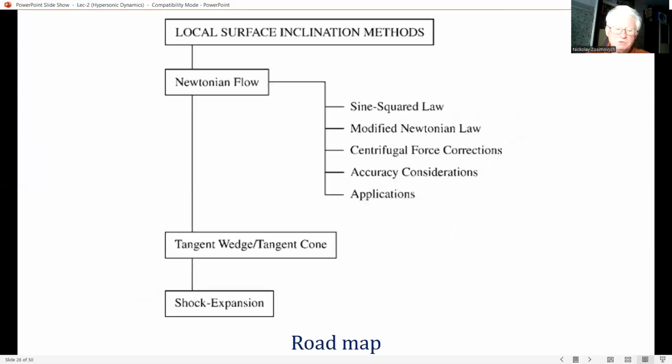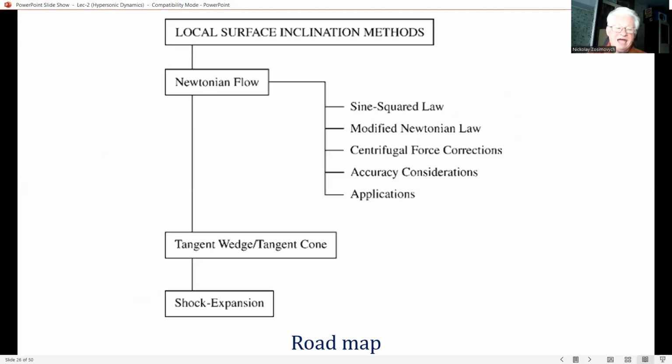Also, a more detailed roadmap for the present lecture is given in this slide. We begin with Newtonian flow, a classic fluid dynamics theory postulated by Isaac Newton in 1687, which resulted in very poor accuracy for low-speed fluid dynamic application over the subsequent century.